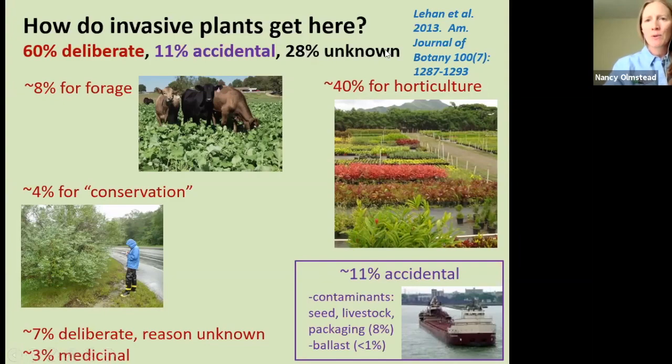And then 28% of these plants, the authors were unable to determine the route of introduction. And I'll note that it's quite possible and likely, in fact, that many of the plants that we are dealing with today were introduced by multiple pathways, as well as in multiple occurrences or instances. So in many cases, these plants were brought not a single time, but in multiple introduction events over time.